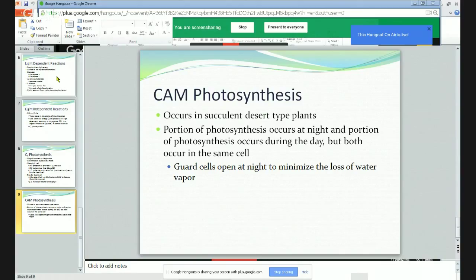Which ones go through light dependent reactions, which ones have extra steps, which ones go through the Calvin cycle. And really, everybody goes through the light dependent reactions, everybody goes through the Calvin cycle, and then the extra steps are just going to be the C4 and the CAM. But hopefully this makes some sense for you.